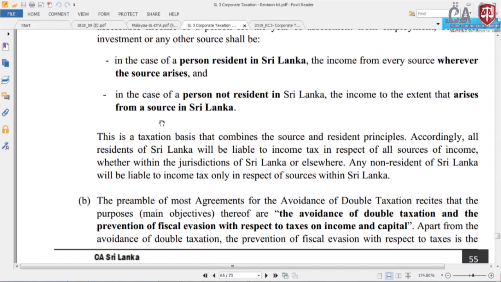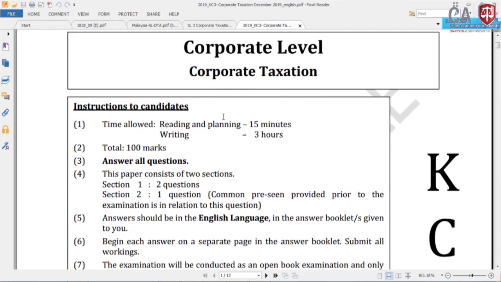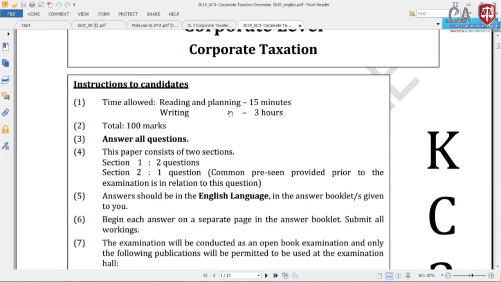Then I am moving to the December 2019 corporate taxation paper. Let me analyze the question first. We will read the question and analyze it. This is December 2019 question 1.